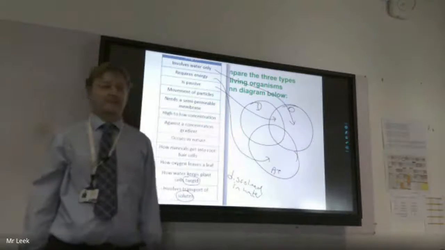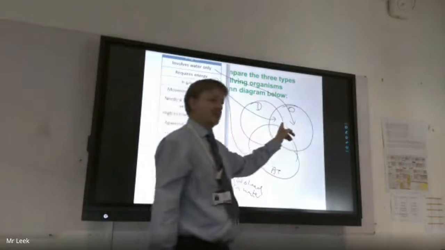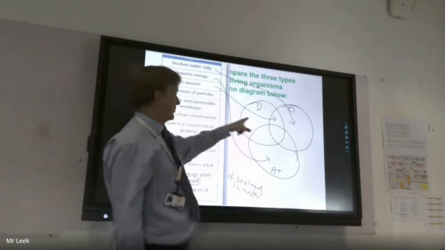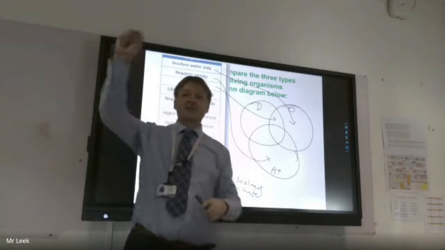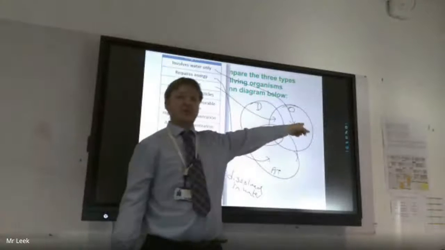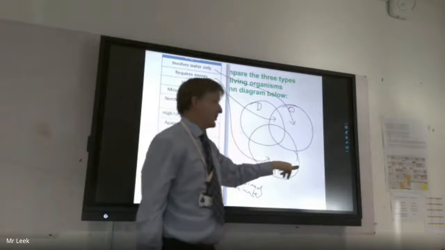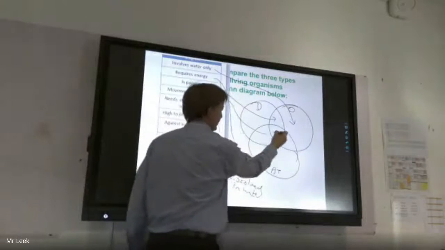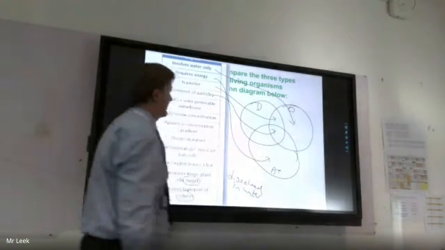What else? It's osmosis. Diffusion is moving particles, so if I spray something, particles move. Osmosis, water is a particle, and active transport moves particles in the opposite direction. So movement of particles is that little bit in the middle.